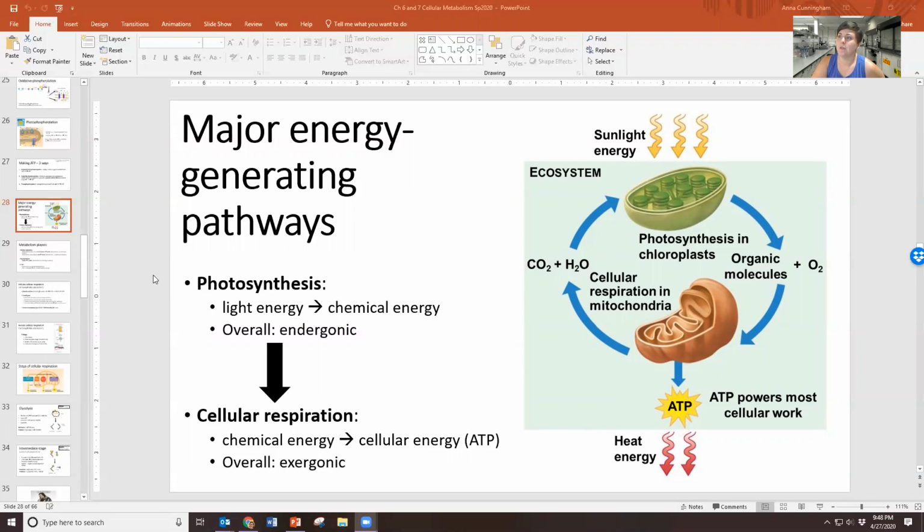Overall, cellular respiration is categorized as an exergonic process. It's releasing a lot of energy and putting it in a form of more usable cellular energy. These are linked because the products of one are the reactants of another, as we will talk about. So they are intimately linked in the ecosystem.